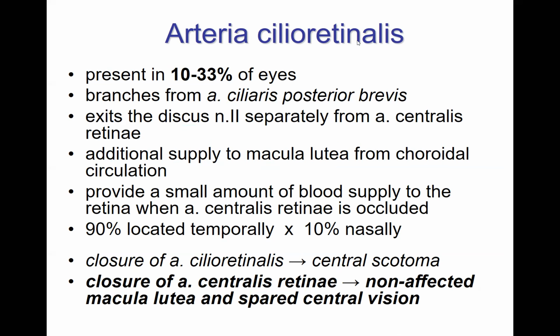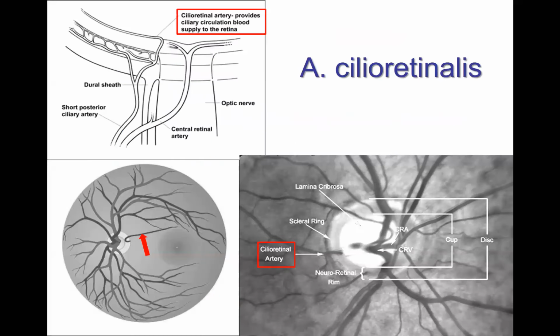Now to show you how it runs, and this artery is usually missing in anatomical books. So you can see it's a branch from short posterior ciliary artery. It enters the optic disc and it comes here to supply the macula lutea.